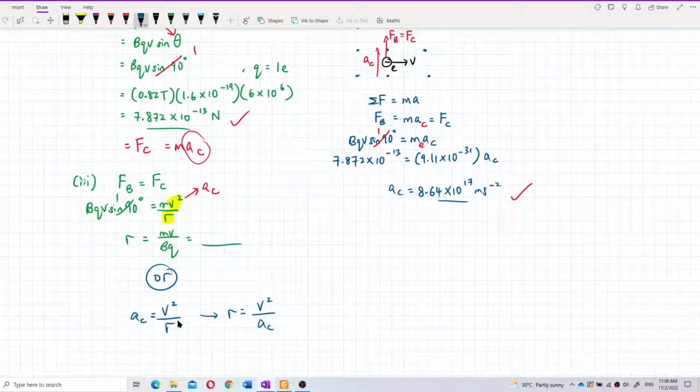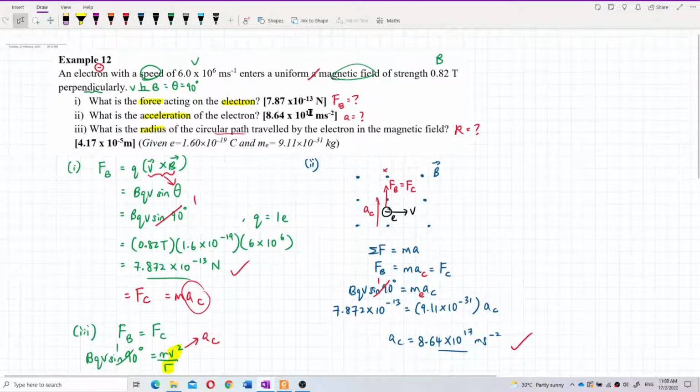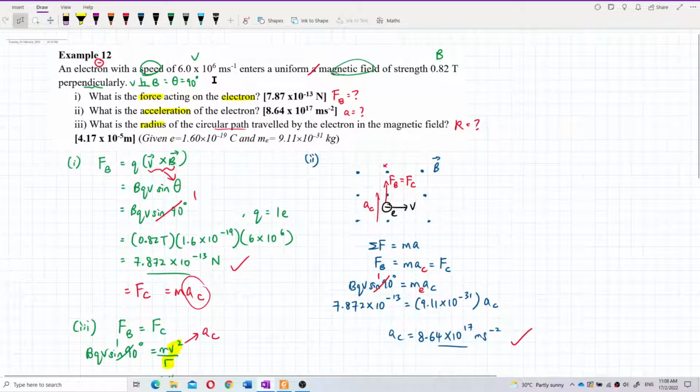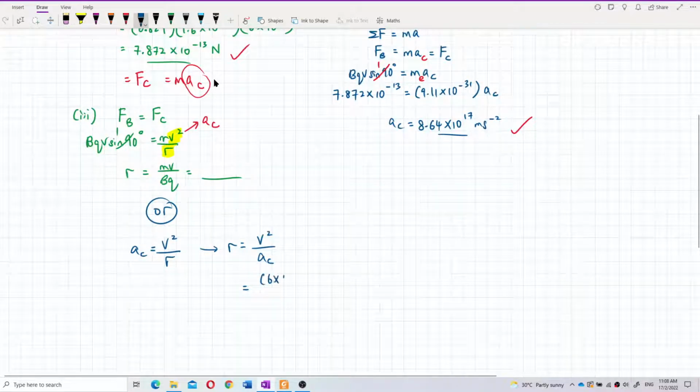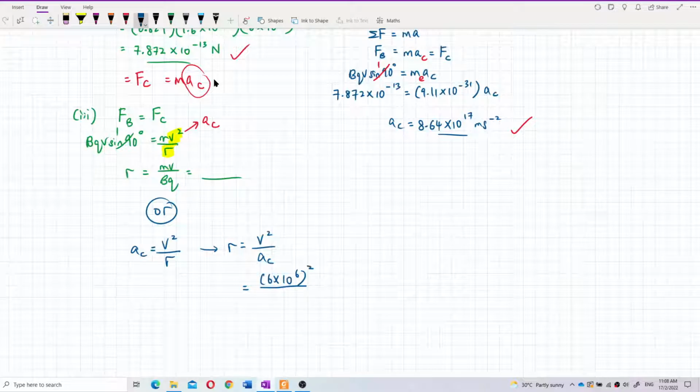So what's your V? V is 6 exponent 6. Put in the value 6 exponent 6, squared. Your AC value is 8.64 exponent 17.